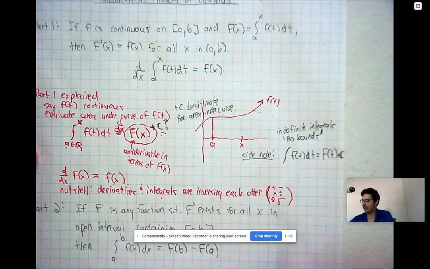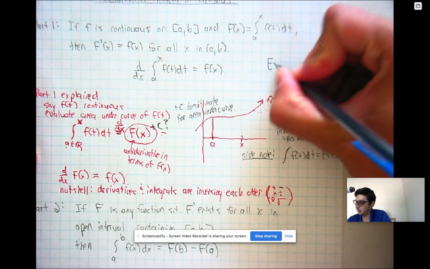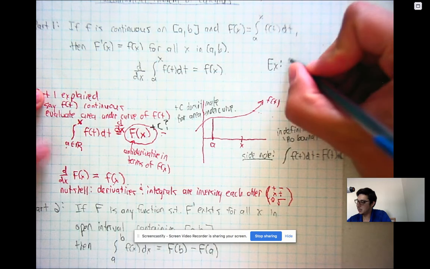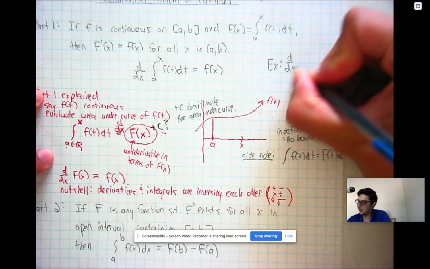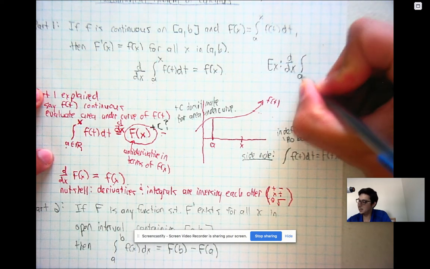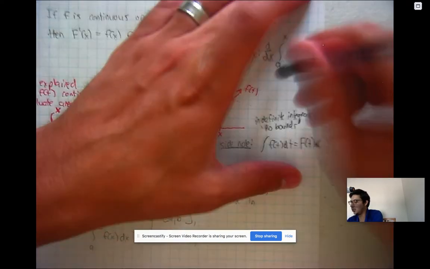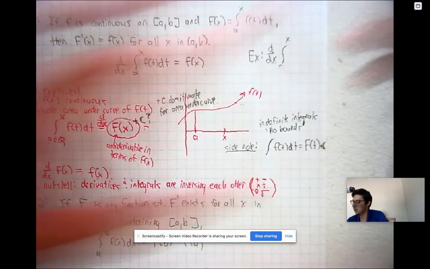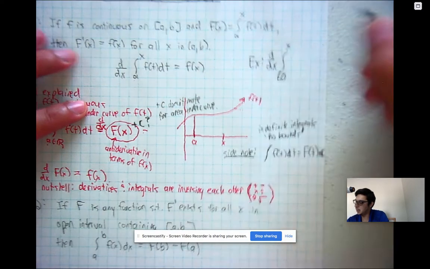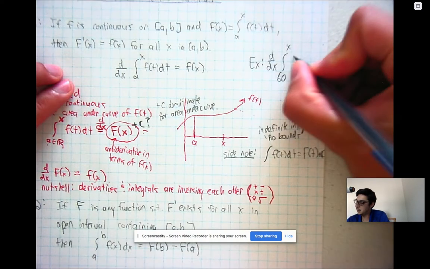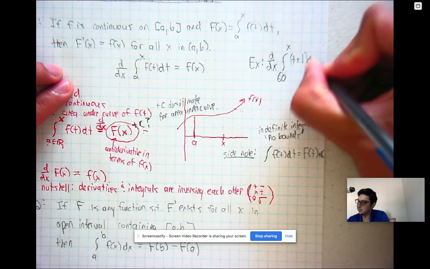All right. An example of this, very quickly, is say you want to find d dx of the integral from a to x, and notice a can be any number. So let's say I actually put a number in here. Why not? Let's say I put in the number 60 to x of t plus 1 dt.